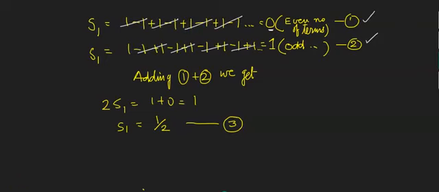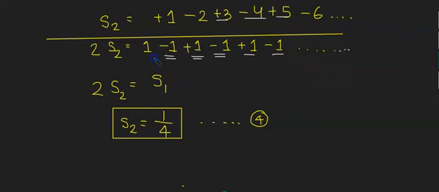So we can equate, and on the right hand side, for plus 1 minus 1 plus 1 minus 1 till infinity, I have written S1. As proved earlier, S1 equals half. So 2S2 is half, so S2 is 1 by 4. Let us call it equation 4.